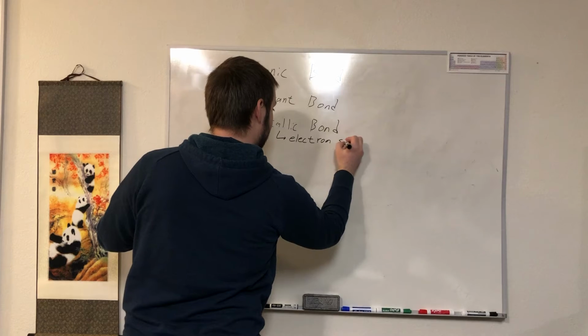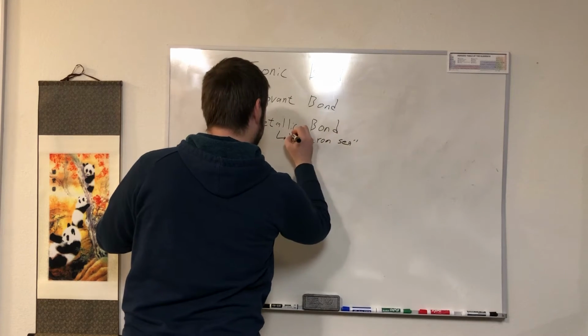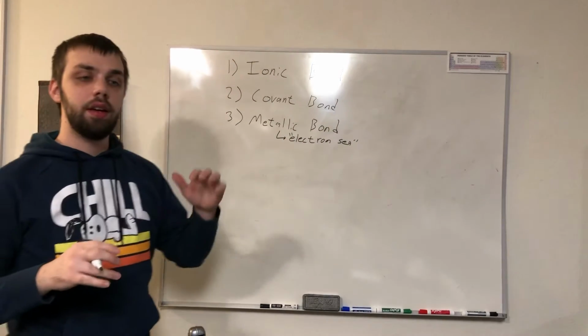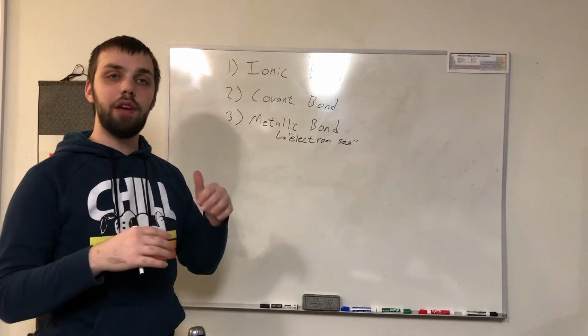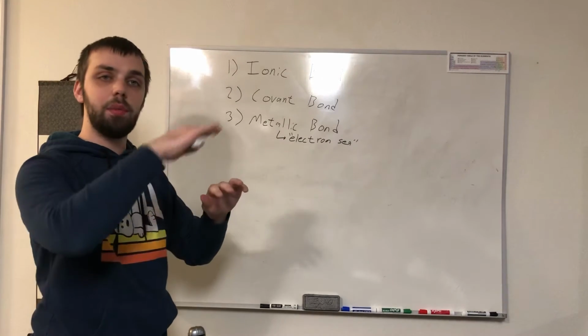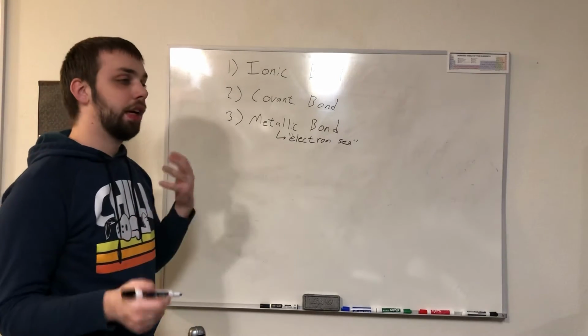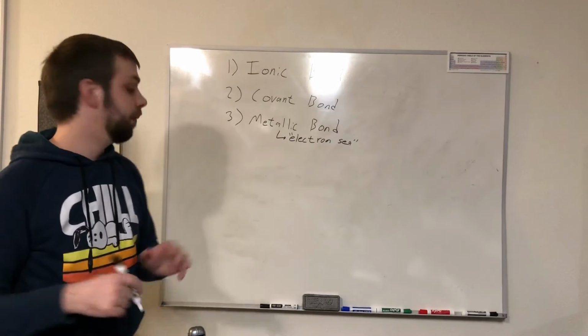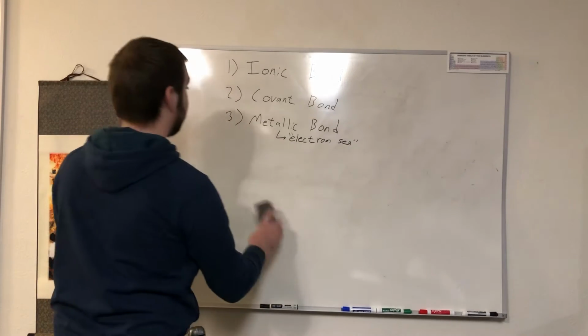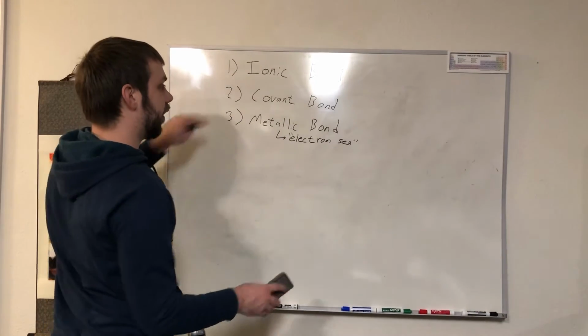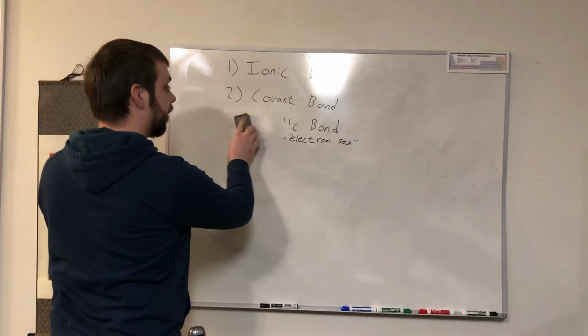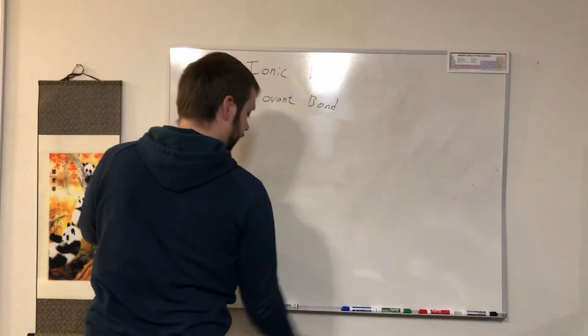That's whenever electrons in metals have a tendency to dissociate from one metal atom in particular and be shared throughout the entire metal. And that's actually kind of where conductivity comes from. So for this video, we're going to mostly focus on these two here. So I'm just going to erase this one for now.